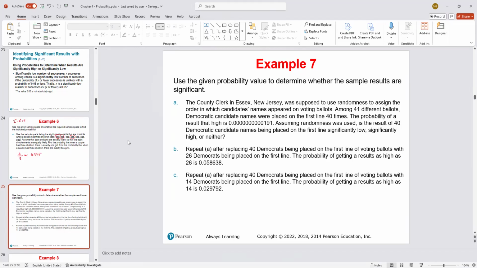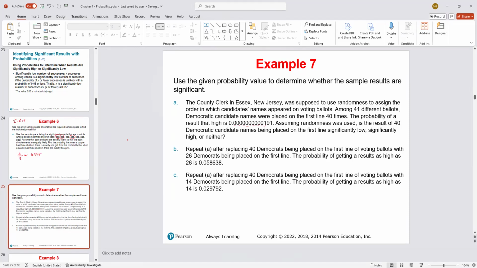The probability of a result that high, remember when it's small, is very small. It's like billions, right? In order to get 1 point something, it's going to be very, very small, assuming randomness was used, and that's really less than 5%, right?